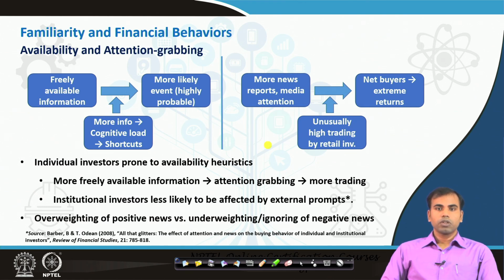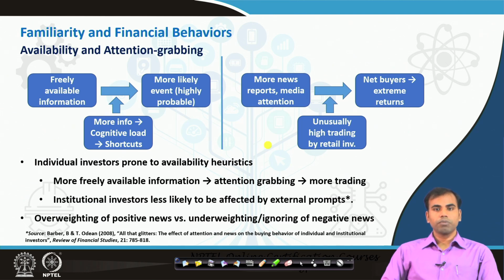Suppose you come across information which is freely available, and whenever something is freely available, you find it to be used often, more often by people who are making decisions.